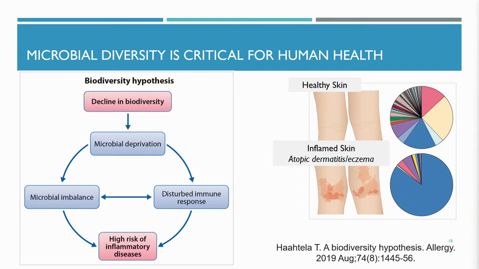So if you have a decline in this biodiversity, you're clearly depriving the community of certain microbes, which results in imbalance. In turn, this microbial imbalance will affect your immune response, because we have our immune system reacting to things in our body, and changes in our microbes will influence our immune system. All of this together then predisposes people to a higher risk of inflammatory diseases when you have a decline in biodiversity.